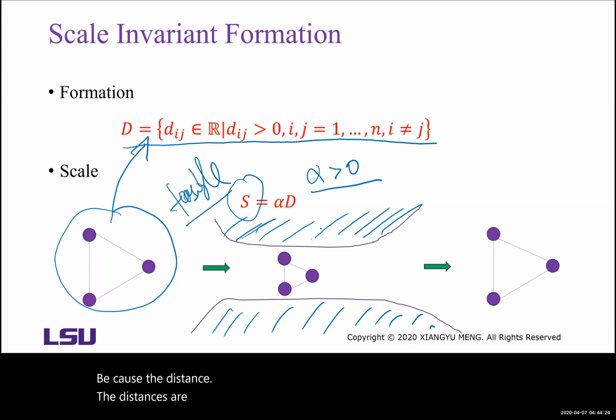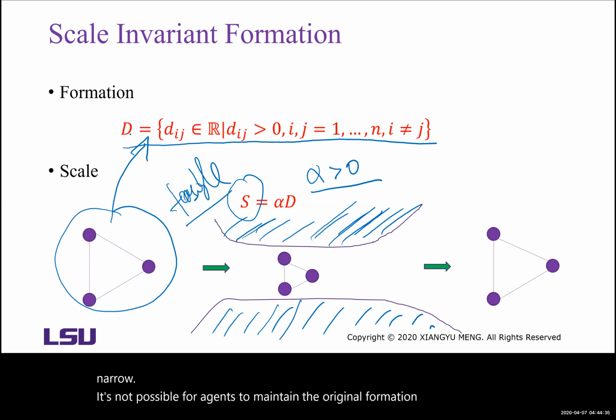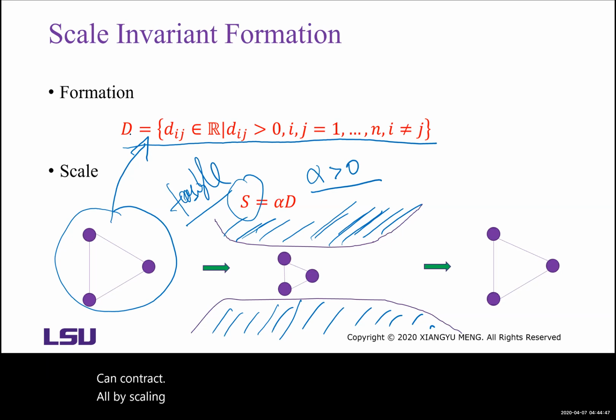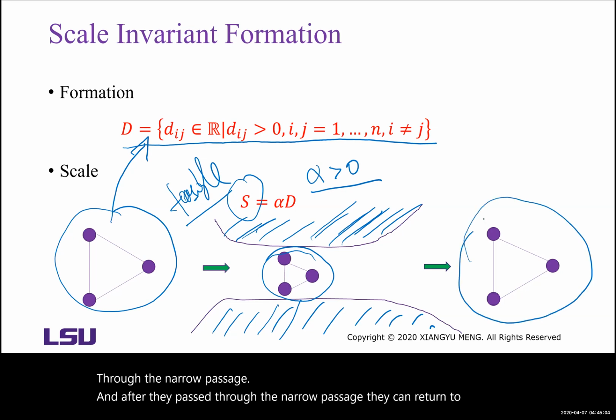In moving this way, because this passage is narrow, it's not possible for agents to maintain the original formation D to pass through the narrow passage. So in this way, we can contract, or scale down, the formation to form a smaller triangle to pass through the narrow passage. And after they pass through, they can return to their original formation.